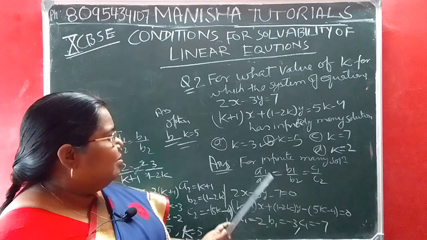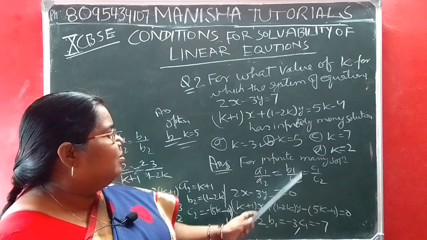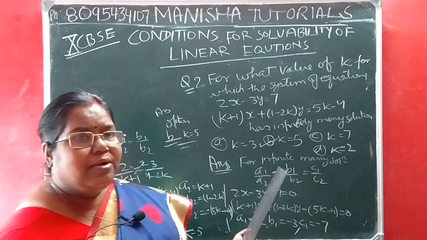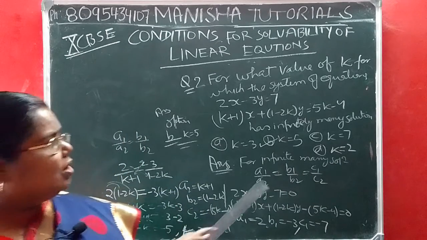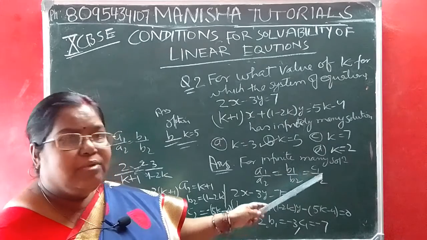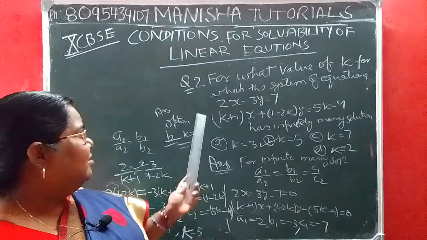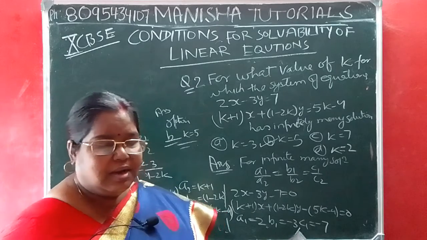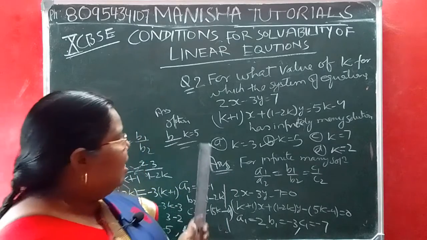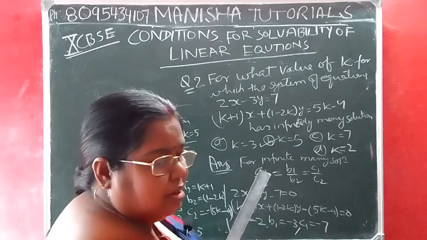But the equality a1 by a2 equals b1 by b2 gives us the k value. Even if you solve b1 by b2 equals c1 by c2, you will get the same value, k equals 5. It will not create any problem. So our second question is done.